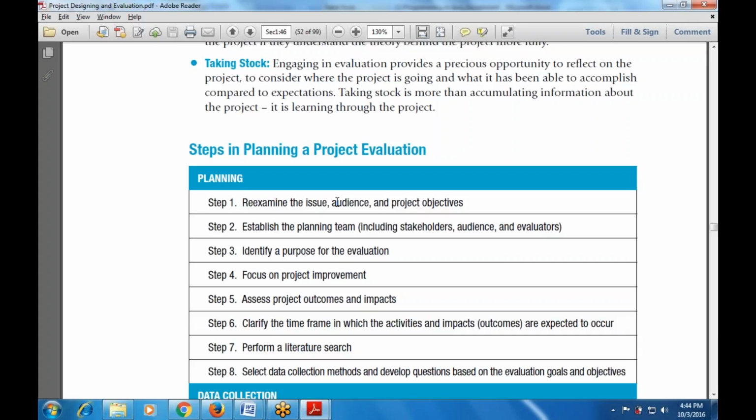That is, what are the various ways by which we can collect the data, and develop the questions based on the evaluation goals and objectives. So: re-examine, establish, identify, focus, assess, clarify, perform, and select the data collection method.